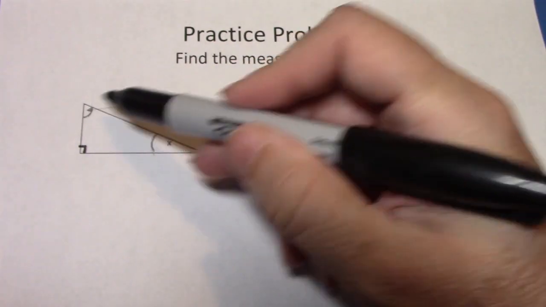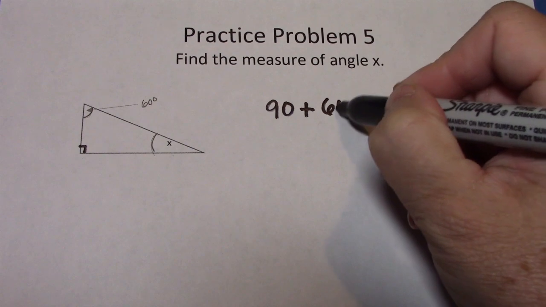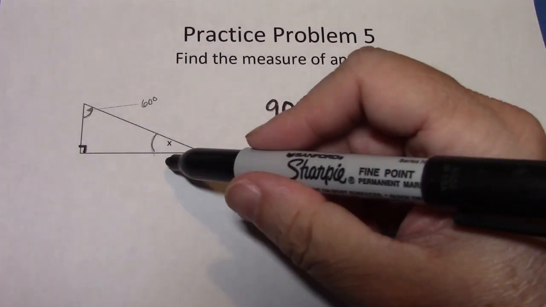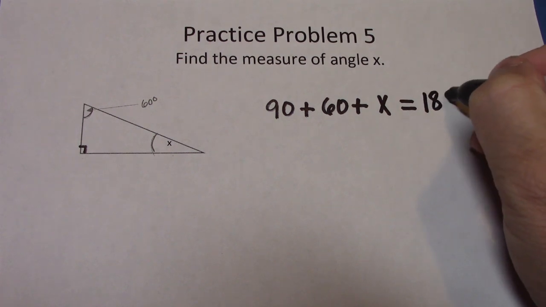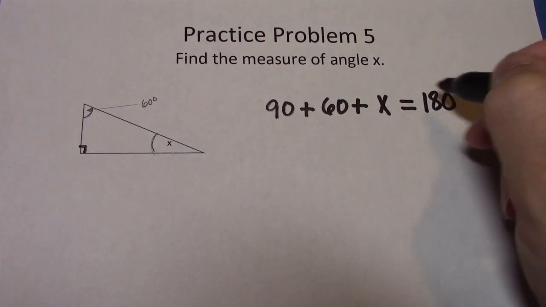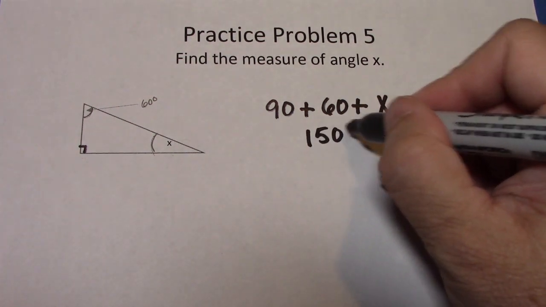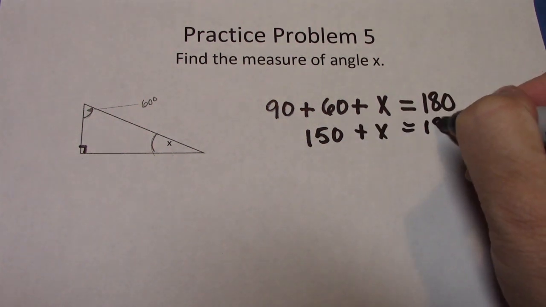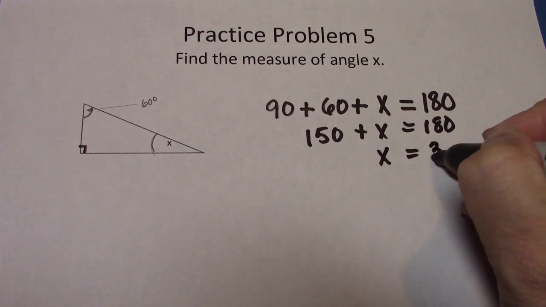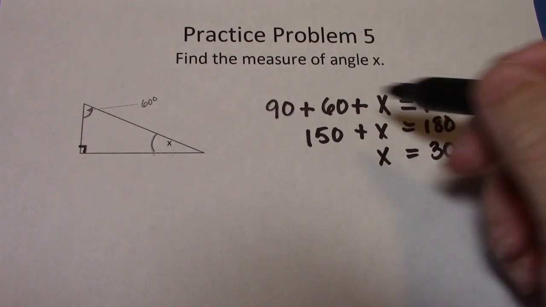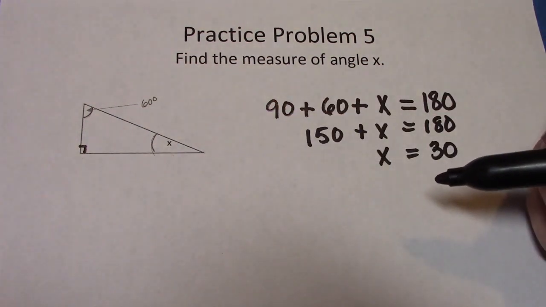And this, we're told, is 60. So the remainder, x, added together must equal 180. So this is 150 plus x equals 180. Subtract 150 from both sides, and x equals 30. So this is a 30-degree angle.